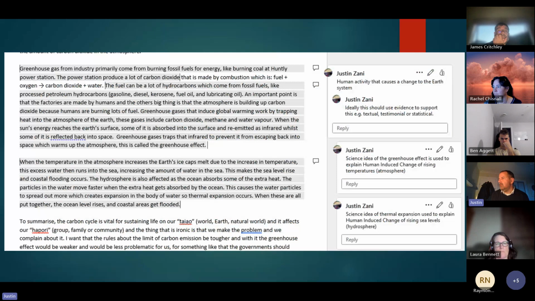Like we were talking before, there is an implicit link between temperature change leading onto the ice caps melting and thermal expansion, I guess. But I'd want to see more in terms of an analysis and a discussion. I don't think they really made that, although this might be a high merit.